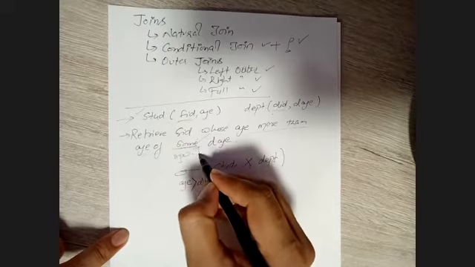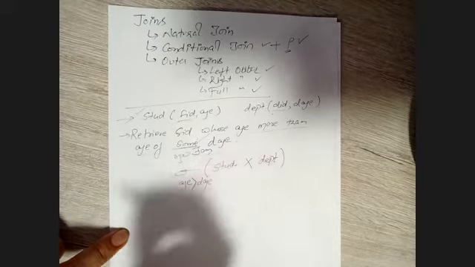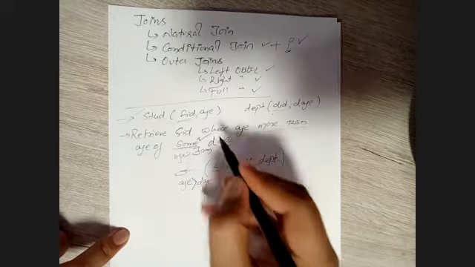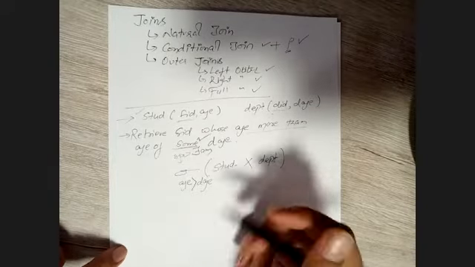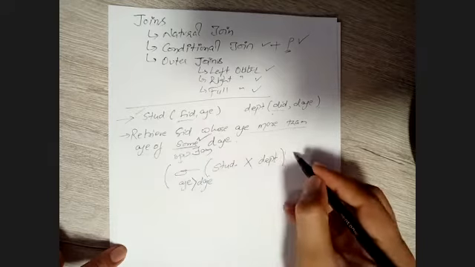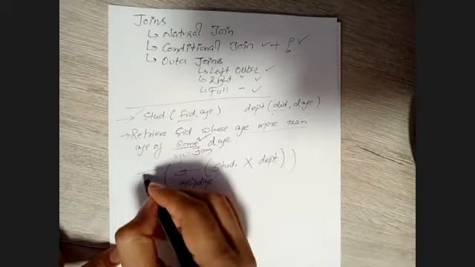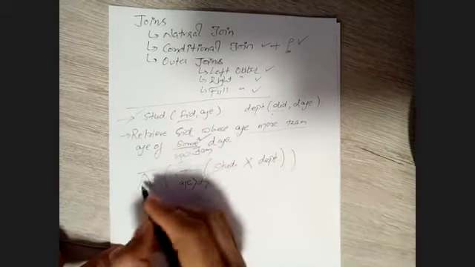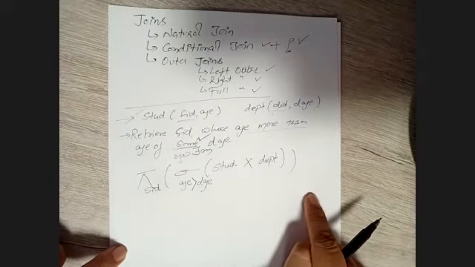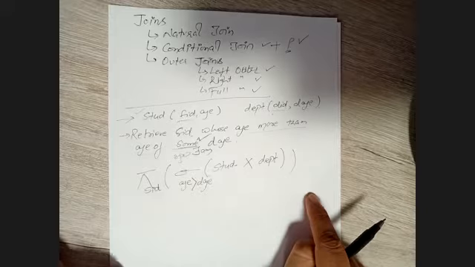Some means there exists any, or at least one, as we have seen in the previous class. So at least one possibility should be there, and that is age should be greater than DAge. After selecting these rows, we will project SID. So this is how we write the relational algebra here.